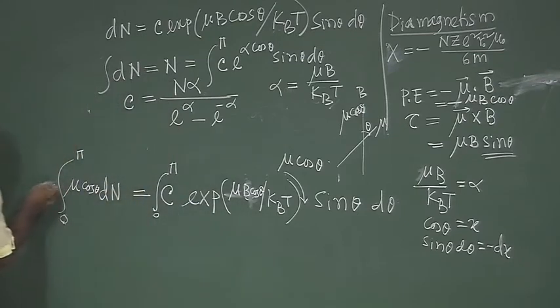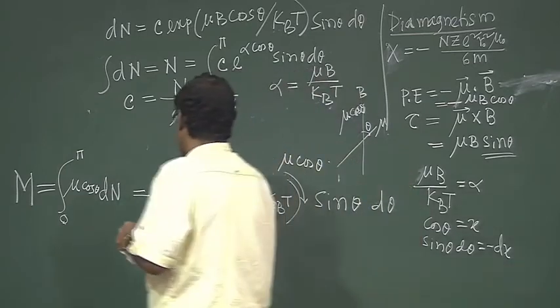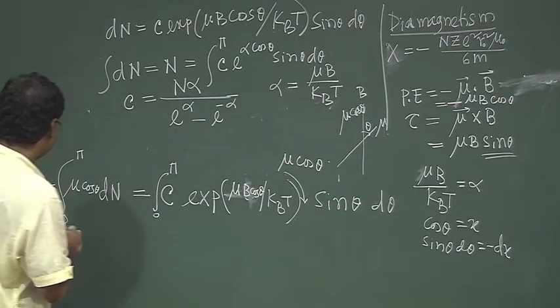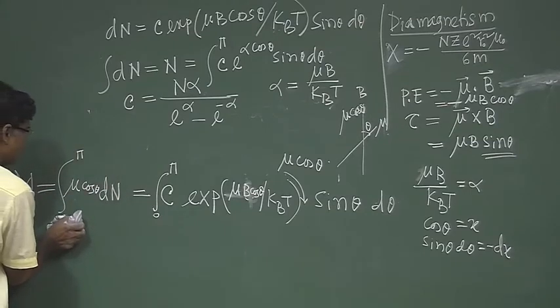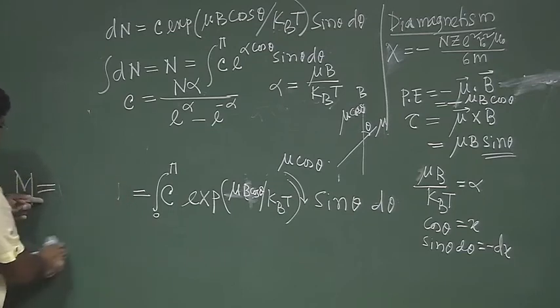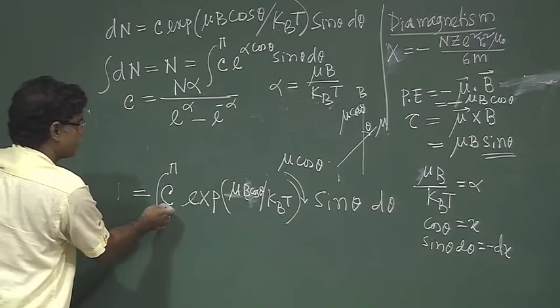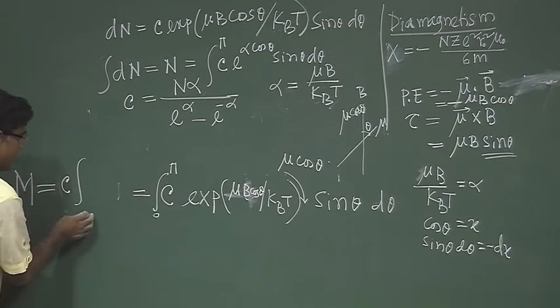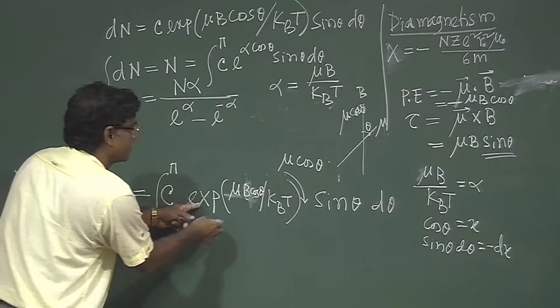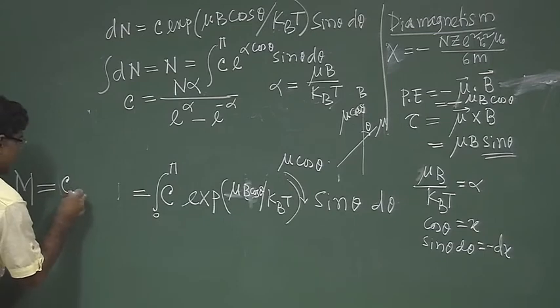So I have to evaluate this integration. So basically this is m. So m is equal to, let us keep C, and mu can also be kept outside, C mu.